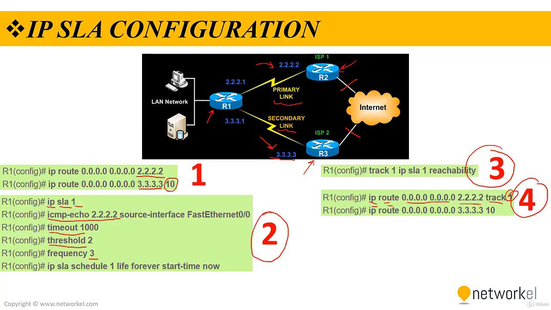Okay, that's the IP SLA probe. So the track number keyword and argument combination specifies that the static route will be installed only if the state of the configured track object is up. Hence, if the track status is down, the secondary route will be used to forward all traffic.